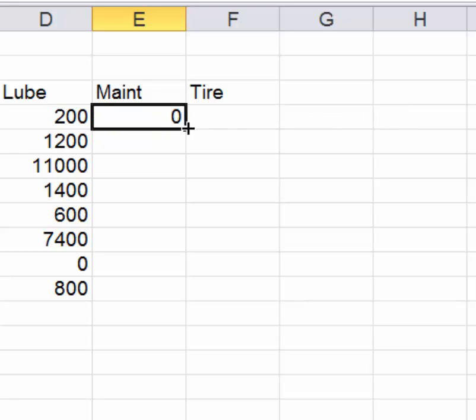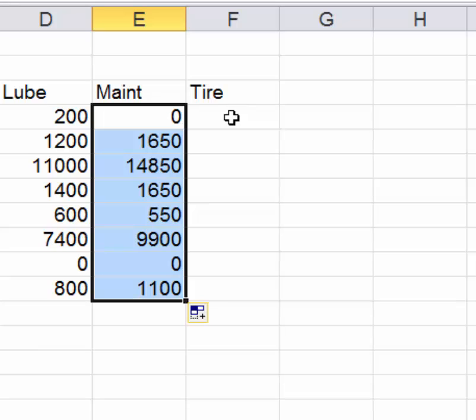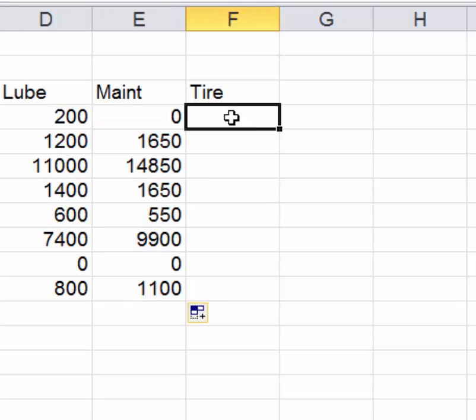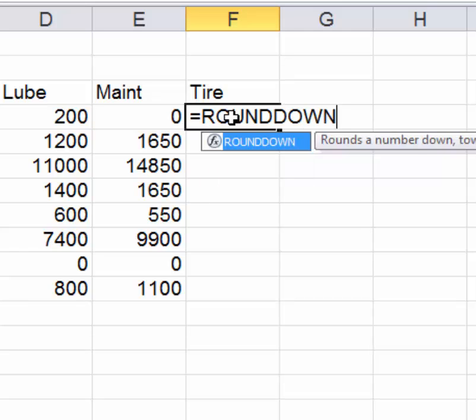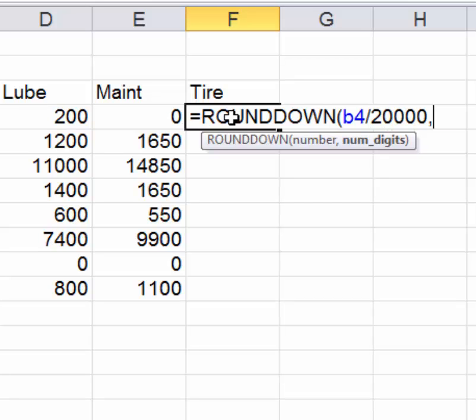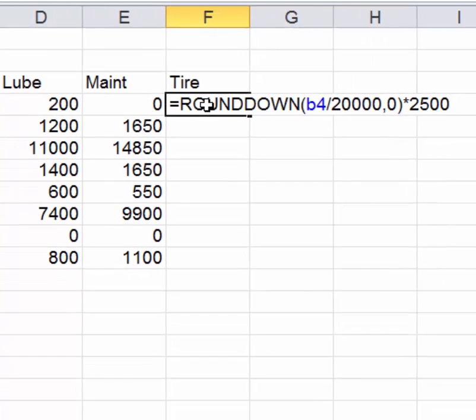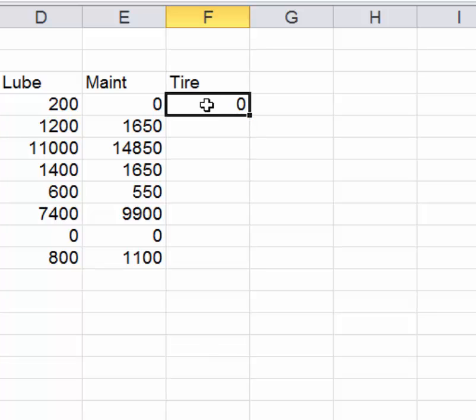Let's copy that down. Again, same thing with tires, except tires happen every 20,000 kilometers. So we'll do round down B4 divided by 20,000 at the 0 point, and we'll multiply that by 2,500, which is of course the tires at every 20,000 kilometers. Let's copy that down.